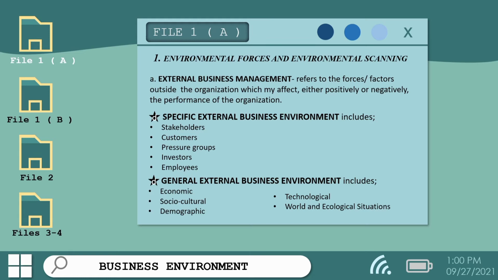First is economic. It is one of the most important external influences on business because fluctuations in the level of economic activities create business cycles that affect businesses and individuals in many ways.